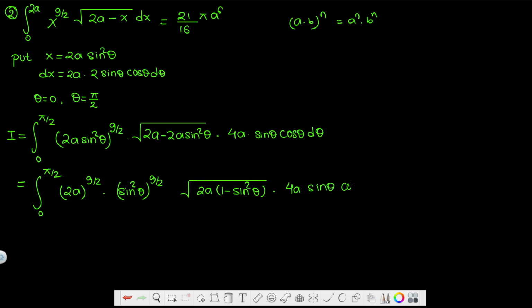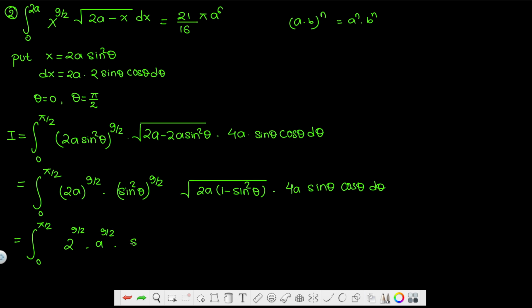sine theta cos theta d theta equals to integral 0 to pi over 2. This is 2 to the power 9 over 2 times a to the power 9 over 2 times sine theta to the power 9, and this 2 and this 2 will cancel.